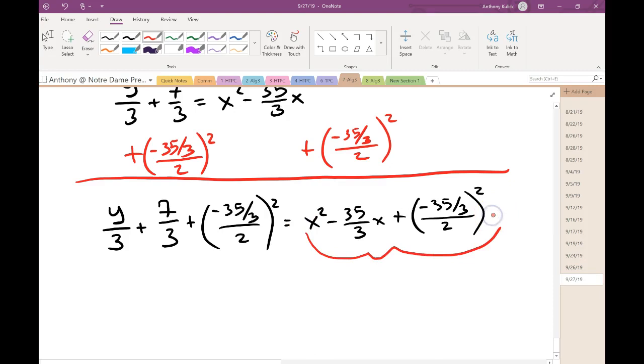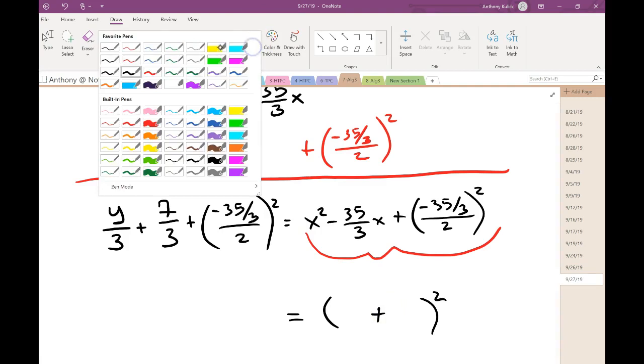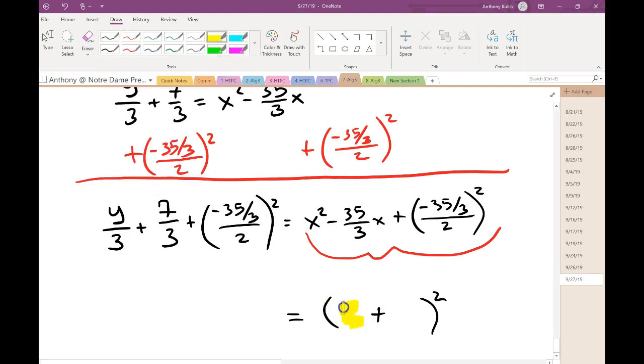I'm going to factor that piece. It's going to look something like this. Everybody agree? What's going to go in this first spot? Just x.